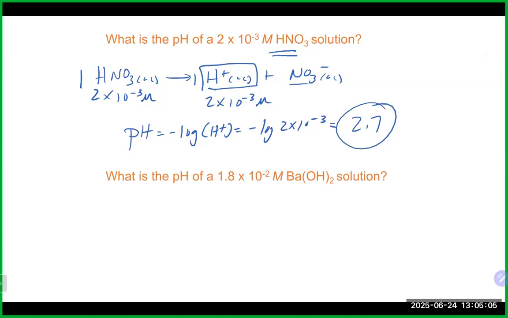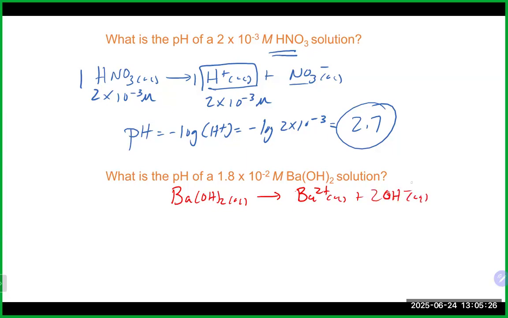Next one is barium hydroxide, which is like OH and one of those group 1 or 2, so probably a strong base. Because it's a strong base, it's going to break apart into a barium ion, and we will get 2 hydroxide ions here.